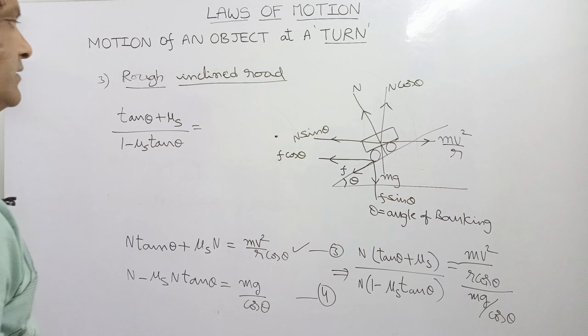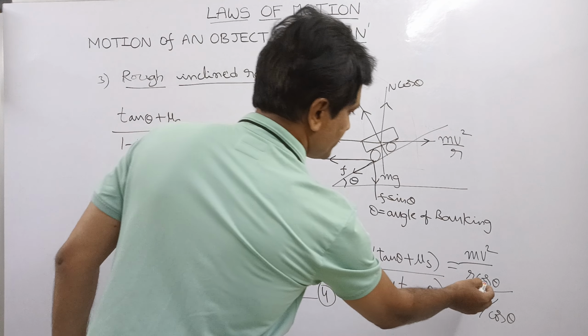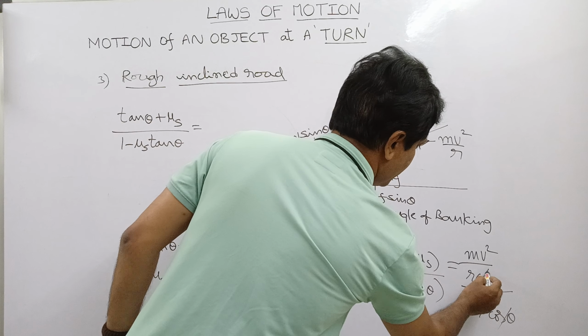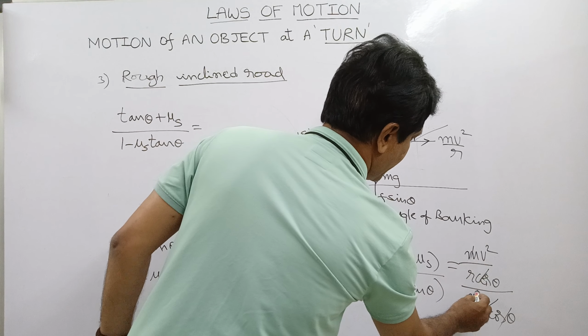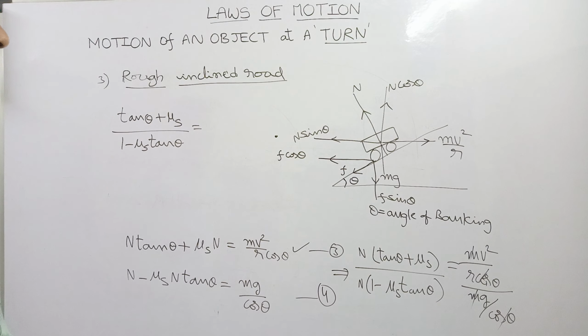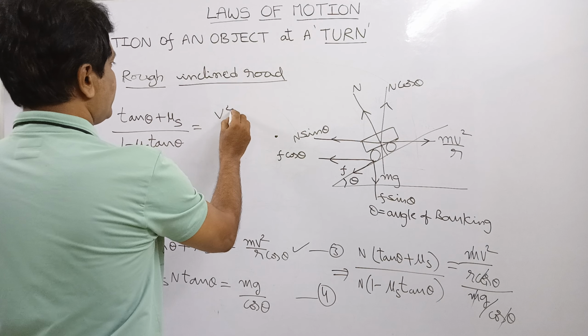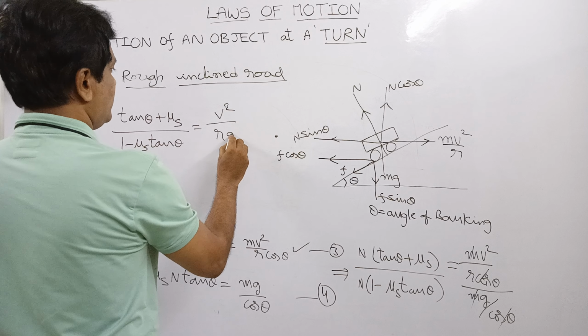So what I get here, observe, cos theta is getting cancelled, m is also getting cancelled. So I can write v square by rg.